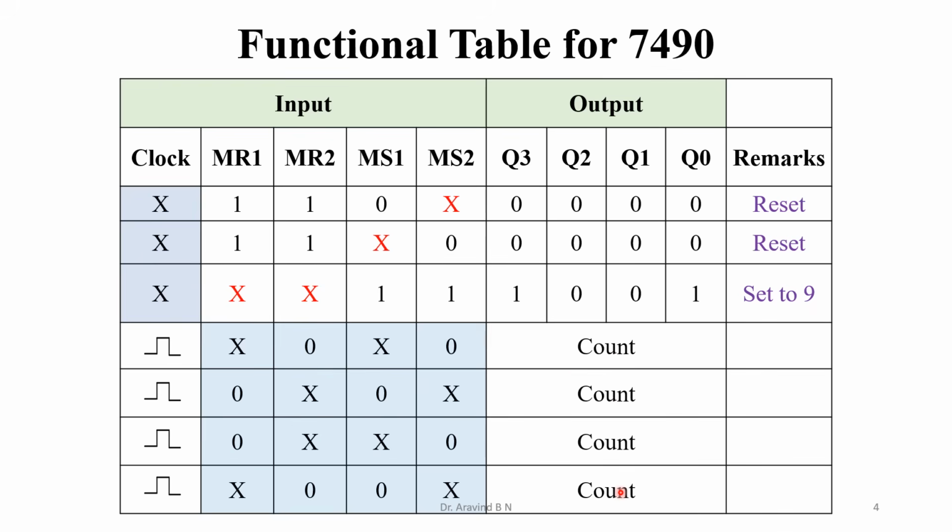Regular count means if you start from 0, then 1, 2, 3, 4, like that it will reach the highest value. Then after the highest value, it will again go back to 0. This is what we call the regular count operation. So remember, any of these can be the combination of master reset and master set to perform the count operation.